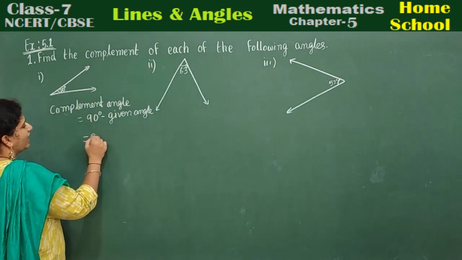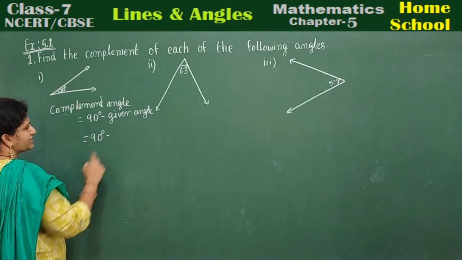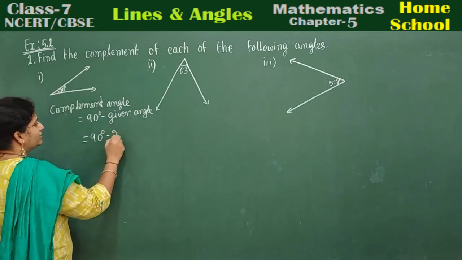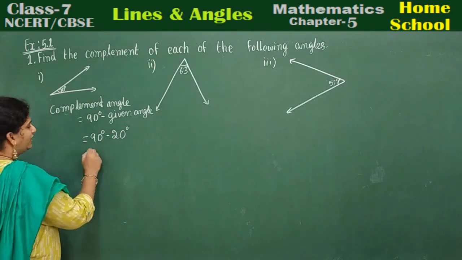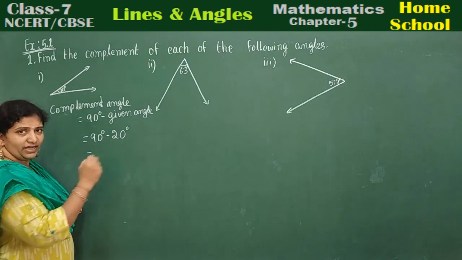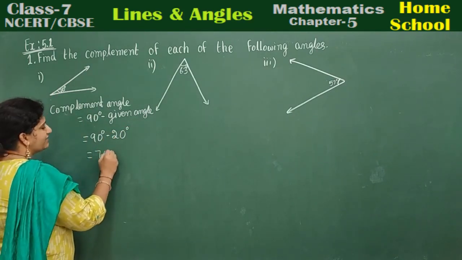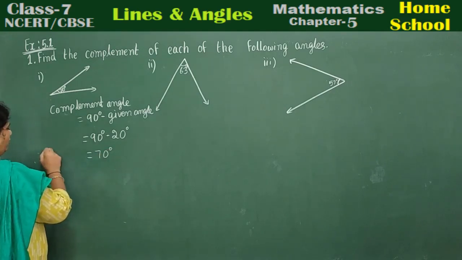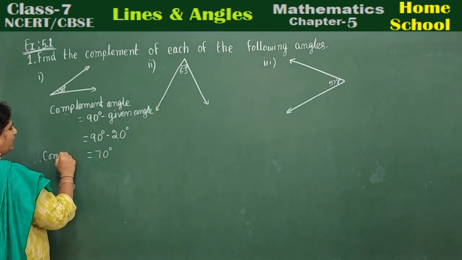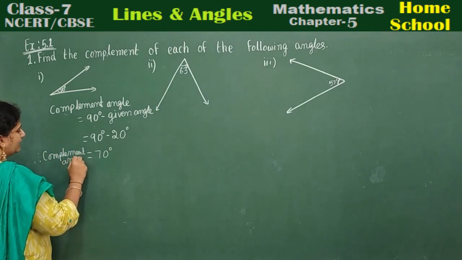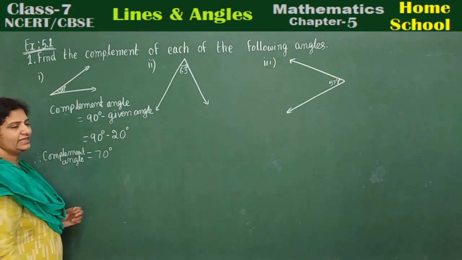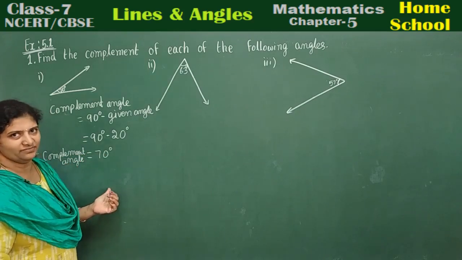That means 90 degree minus 20 degree. 90 minus 20 will be 70 degree. Therefore, complement angle for 20 degree is equal to 70 degree.